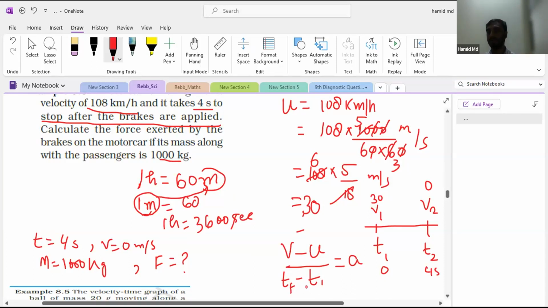Got my point? So this final velocity is 0, so just substitute this 0. You don't have to think much. We have been given data that this v is nothing but 0, and this is 30. Okay, sir. Thank you. Most welcome.